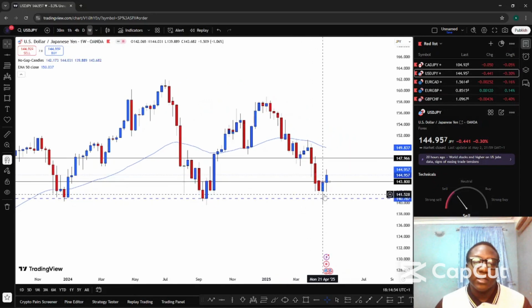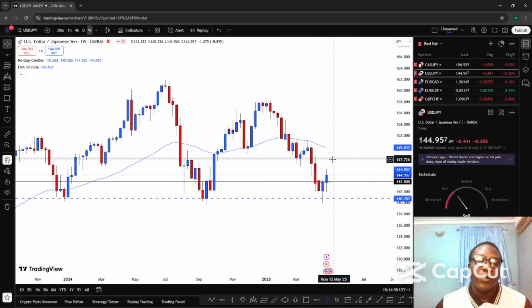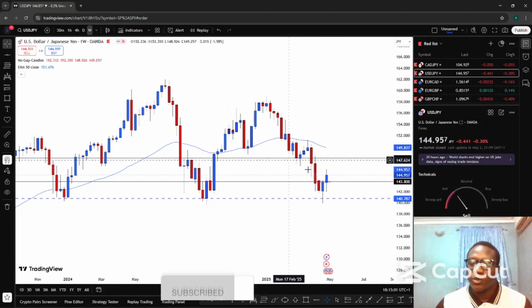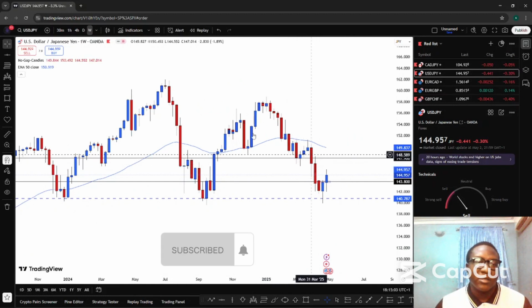So I'm expecting the market to give us a rejection from this point into our weekly area of interest, where we then look for our sell signal.